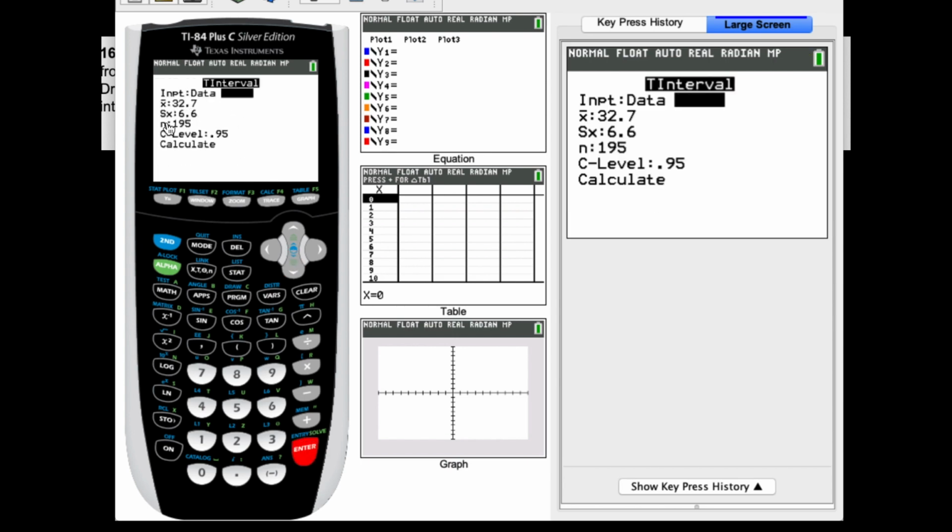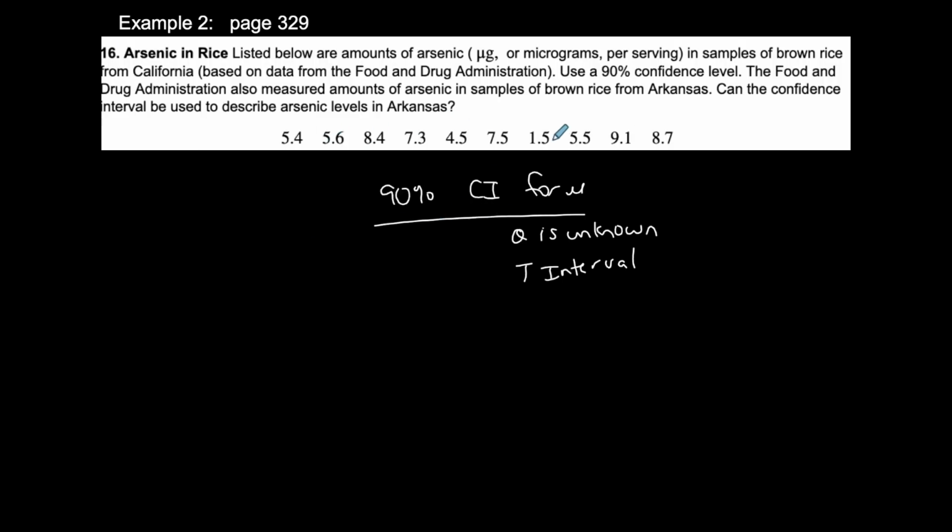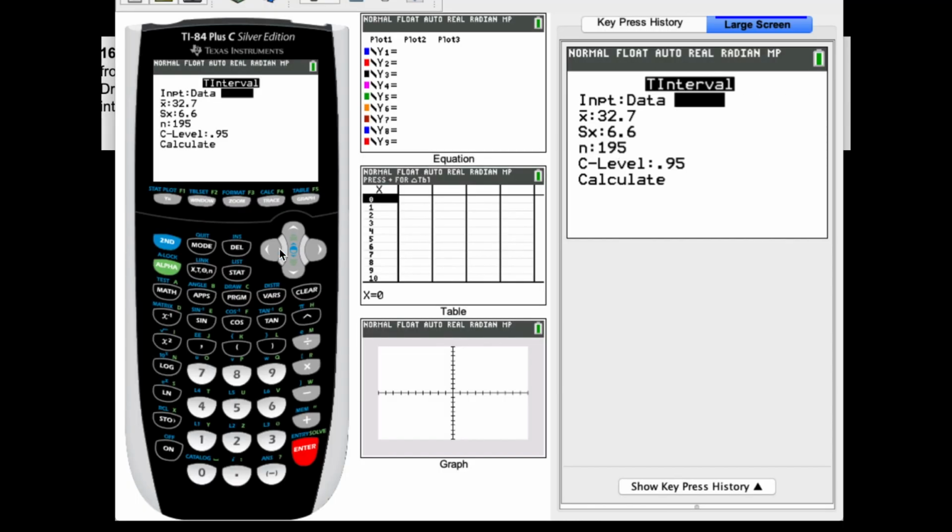I don't have x bar. I could find it, but to make it a little bit easier, we're going to go to data this time because we have a list of numbers. Now you see that it asks for the list where the numbers are located. So we have to actually tell it where that list is. That means we have to input the list into our calculator before we can use this portion.